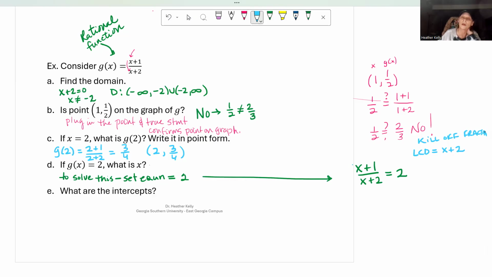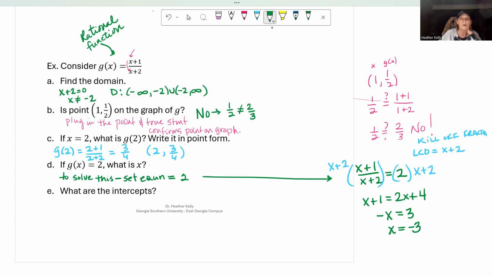So we're going to multiply both sides by the LCD, which is x plus 2. And we'll get x plus 1 is equal to 2x plus 4. Negative x is equal to 3. x is equal to negative 3.